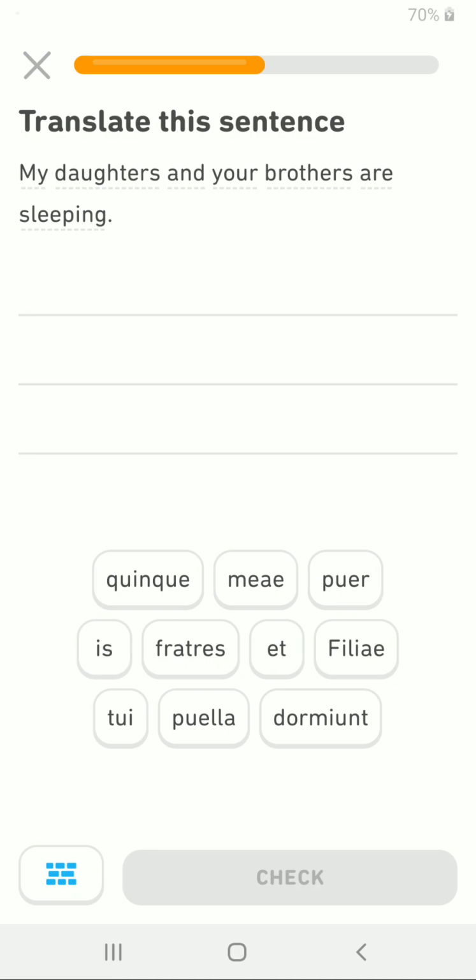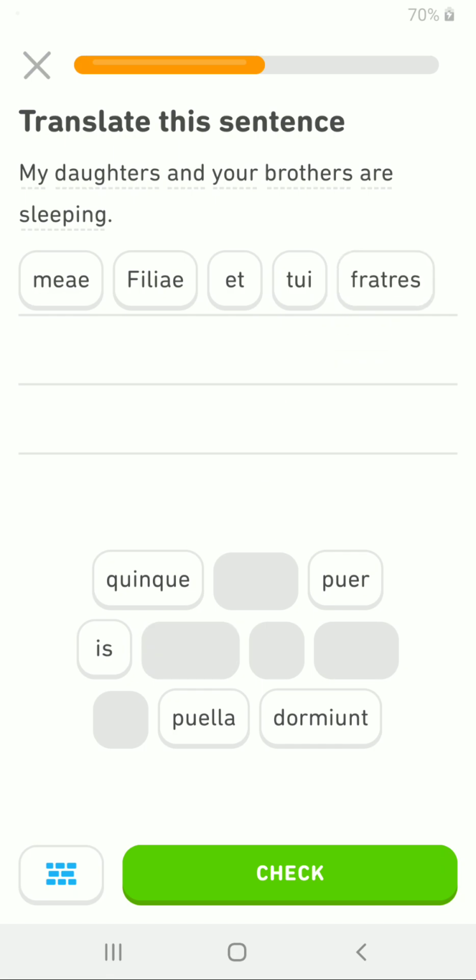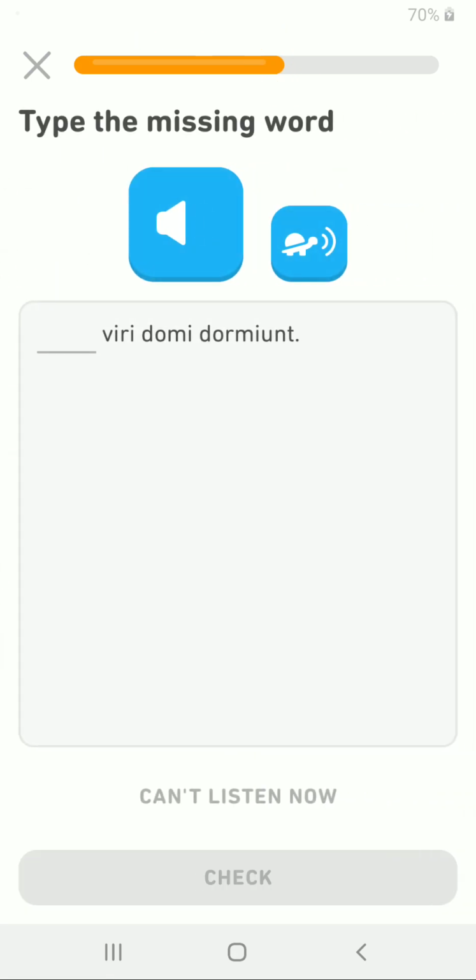And here we have to find my daughters. Meai filiai, et your brothers, how do you say? Fratres. So tui fratres dormiunt, yeah? Good.